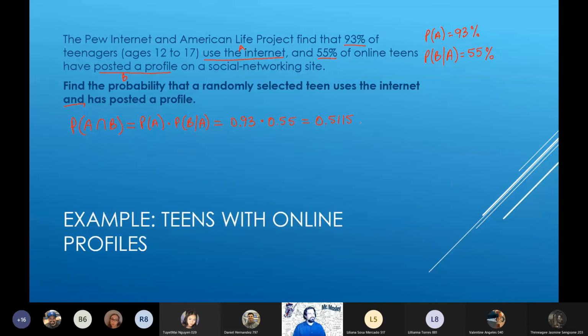So the probability that a randomly selected teen uses the internet and has posted a profile is 0.5115, or about 51.15%. Or we could say it's approximately 51%, if we're asked to round to the nearest whole percentage.